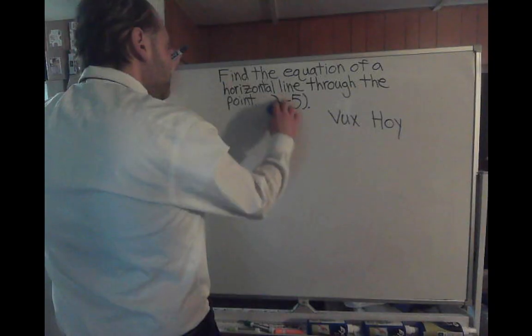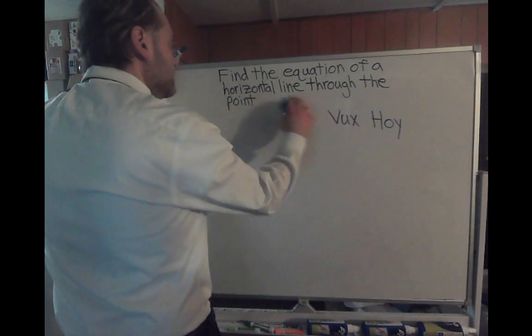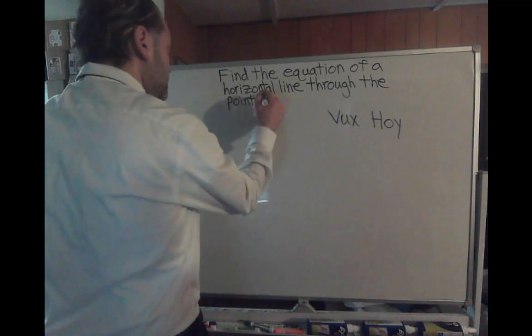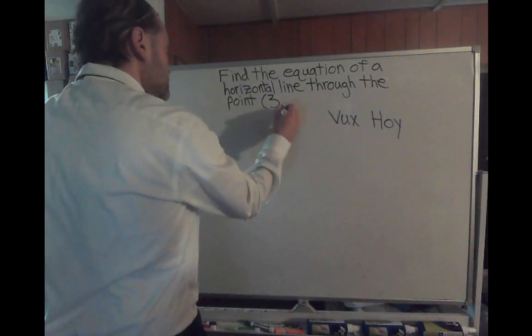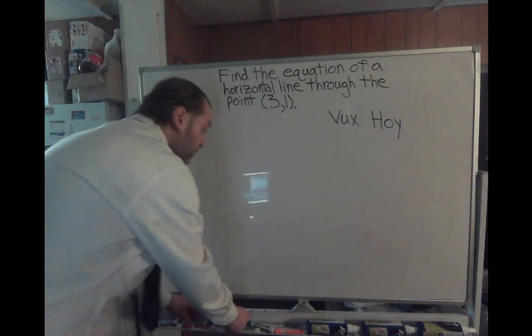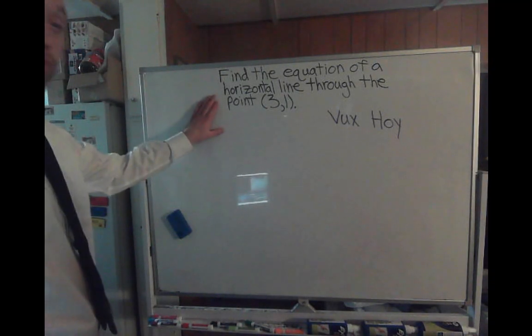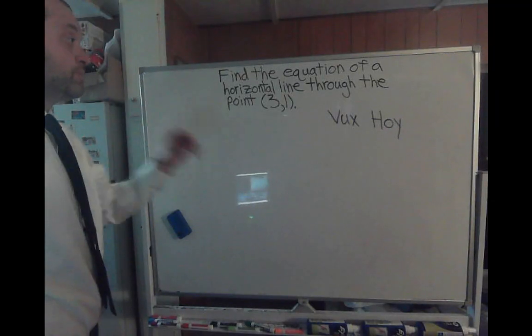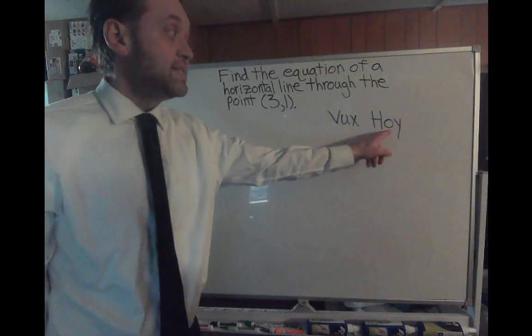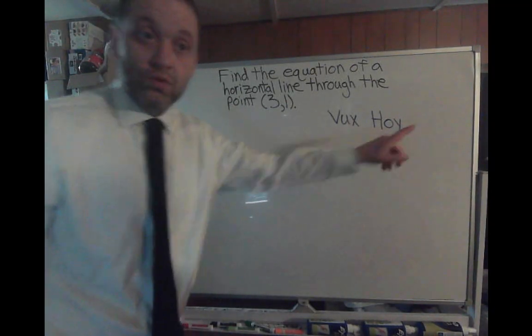One more simple horizontal line, then we'll get into a little bit different problems. So we are going to find the equation of a horizontal line through the point (3, 1). Again, you have your HOY: horizontal line, 0 slope, y equals.